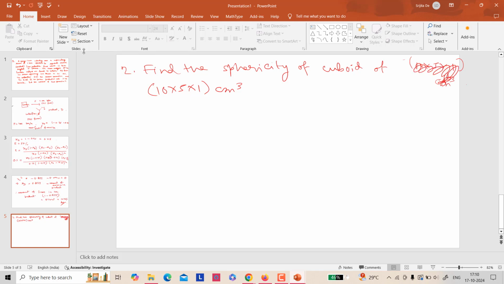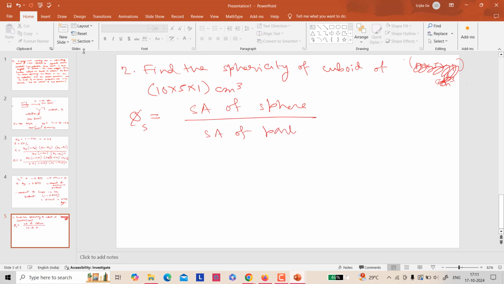In the sphericity definition, you know that it is the surface area of a sphere of equivalent volume to the particle, divided by the surface area of the particle.